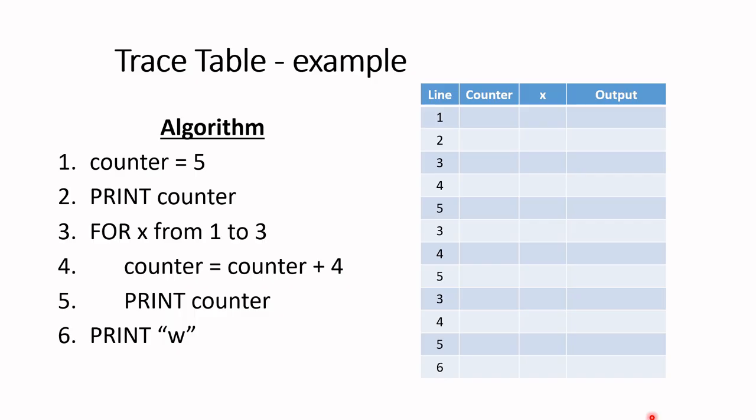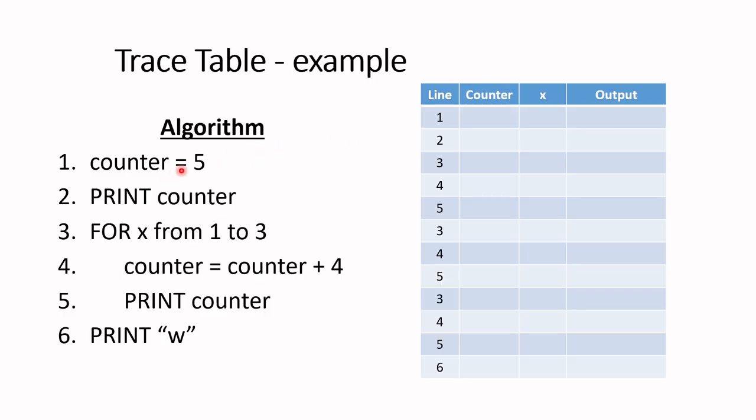Let's look at an example of a trace table. Here we have the algorithm, and here we have 6 lines to represent our algorithm. And here is the trace table that will be used to do a dry run for this algorithm.